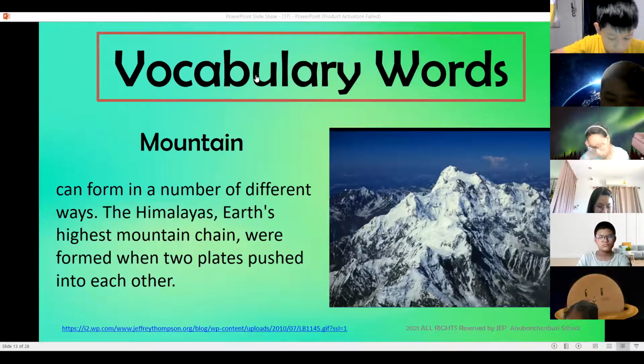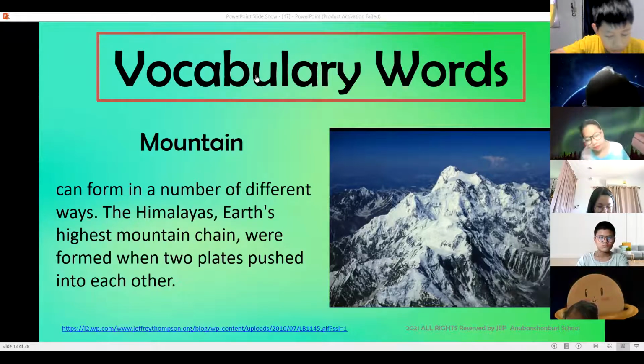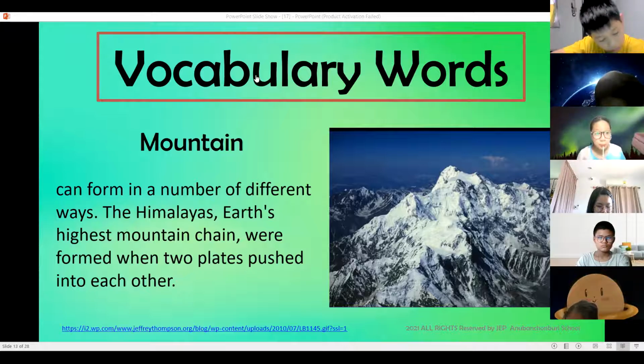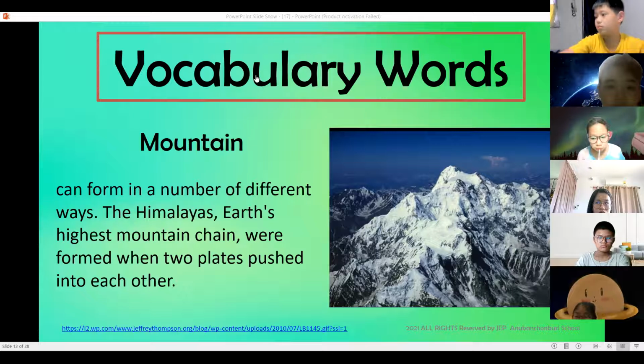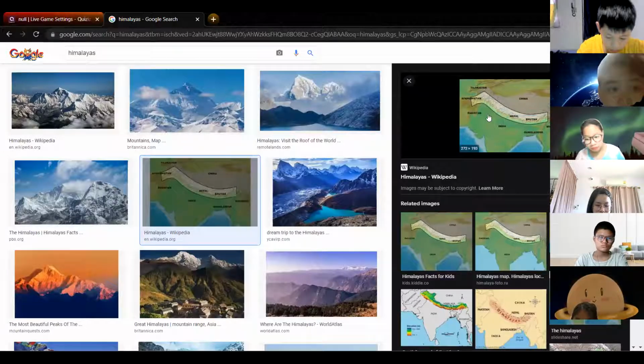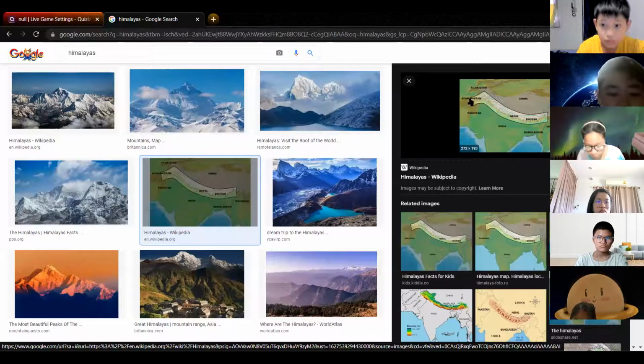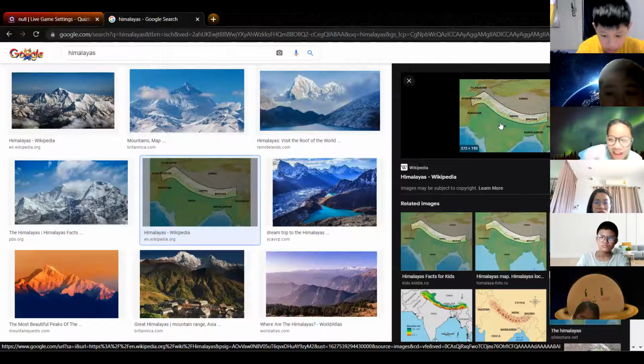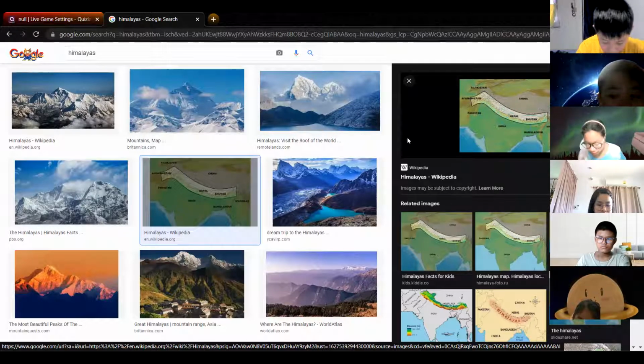So the Himalayas are actually mountain ranges. I will show you this picture. Okay, so this is the Himalayas. You can see here, it is from the middle of China, Nepal, Bhutan, India, near there.